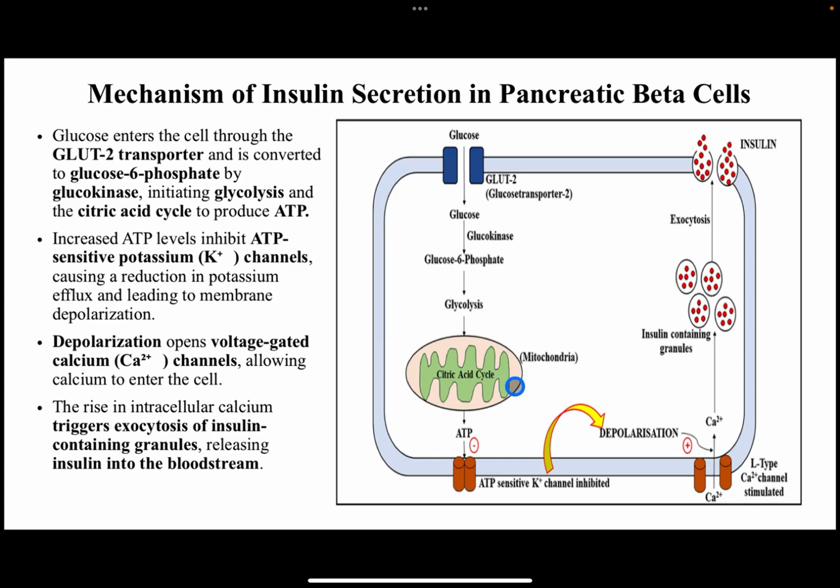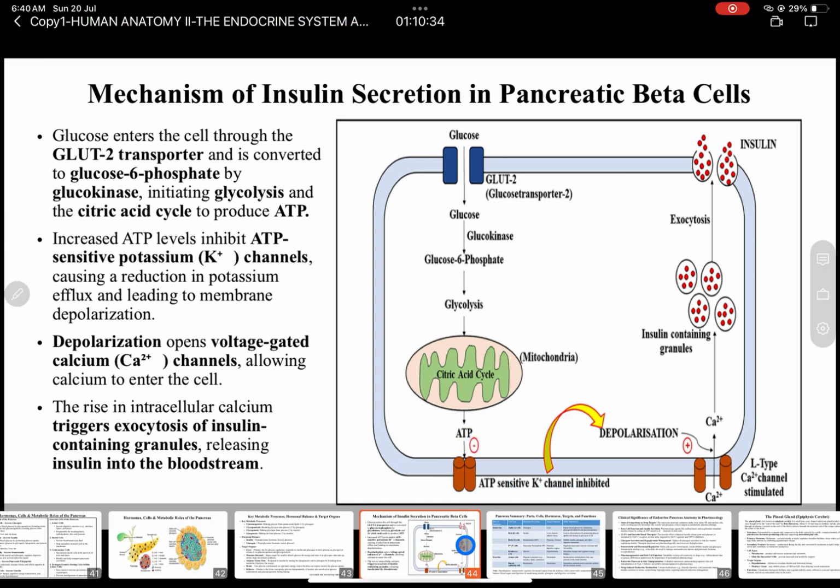Then that activity would help increase ATP production, energy production, because the mitochondria also needs the glucose for energy production. So ATP levels in the beta cell will increase. And once ATP levels increase, there is a channel here, we call it the ATP sensitive potassium channel.